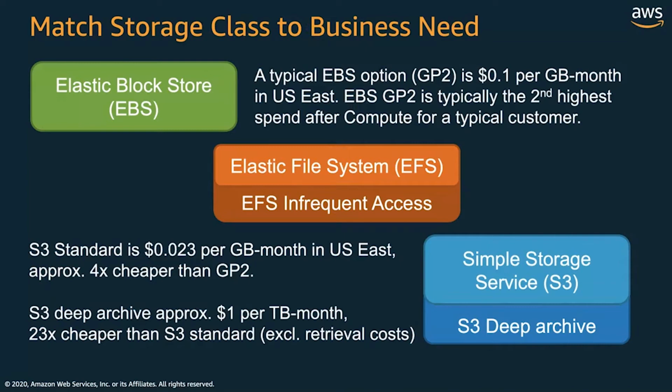With S3, if you're using object storage, there are different categories of S3 storage. There are the S3 categories themselves, and then there are archive classes of storage, which if you're using something like Glacier Deep Archive, can get as low as $1 per terabyte per month.